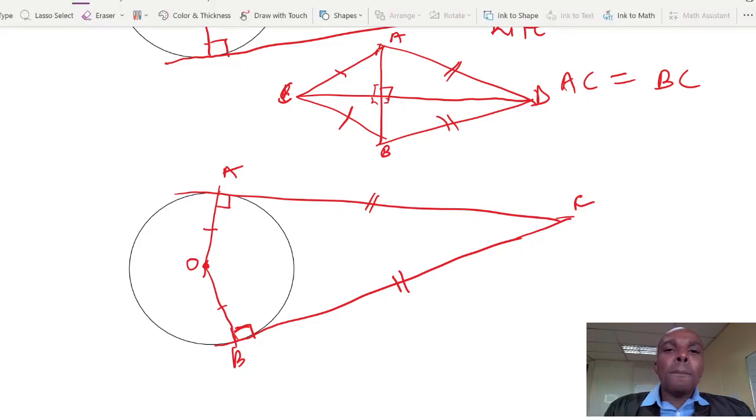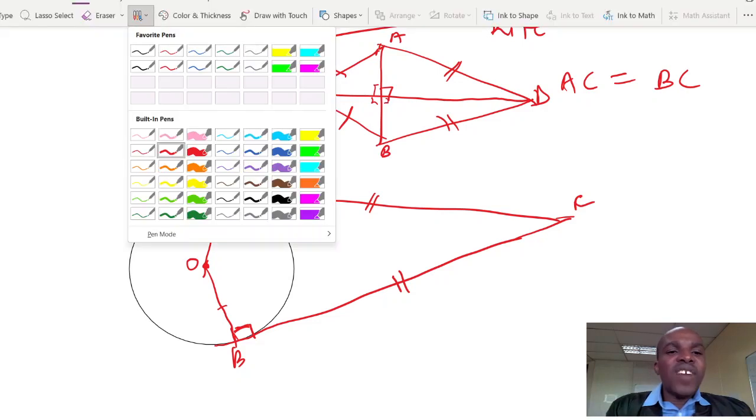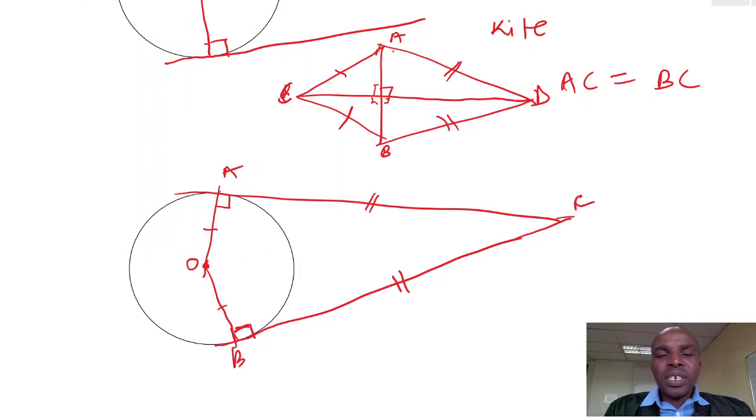Then the other property of a kite: take note, diagonal CD bisects the angle at C into two equal parts. If this angle is X, then the angle down will be X. The angle at D will also be bisected. To bisect is to divide into two equal parts.